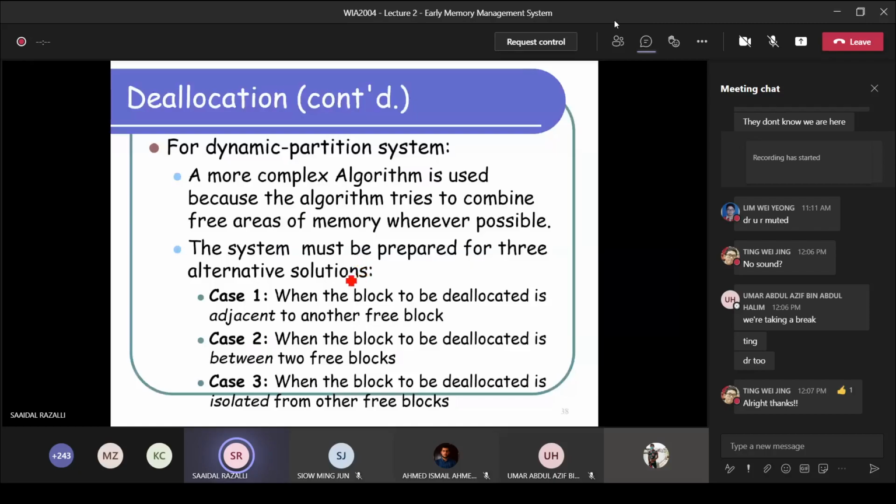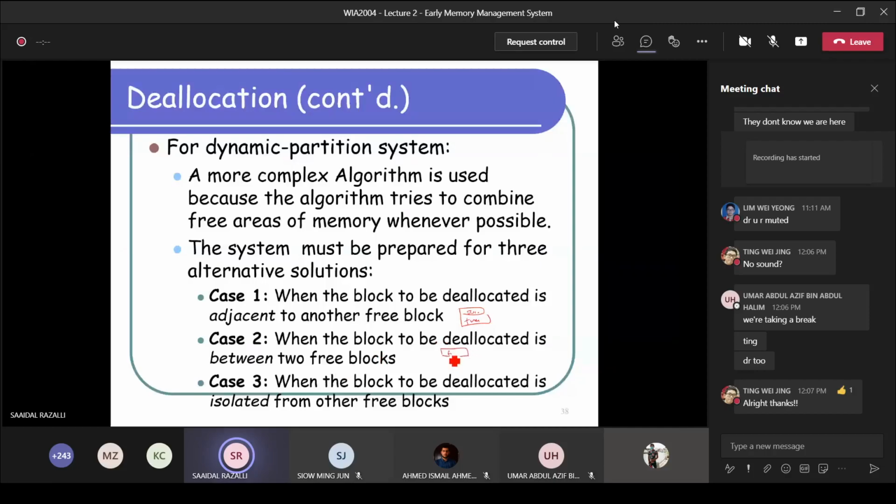The system must be prepared for 3 alternative situations. Case 1, when the block to be de-allocated is adjacent to another free block. So this one is busy and this one is free. Case 2, when the block to be de-allocated is between 2 free blocks.